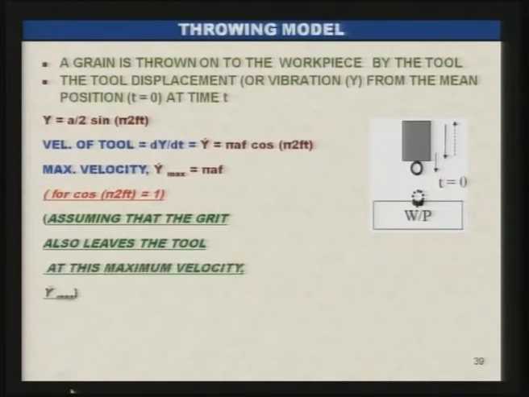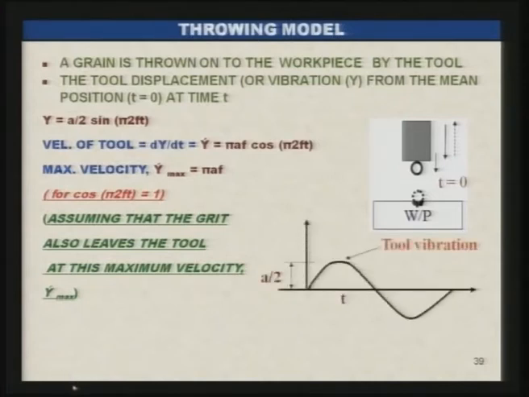Now, here there is a very important assumption while determining the maximum velocity of the grit particle or the tool, especially when we are assuming that the grit also leaves the tool at this particular maximum velocity at which the tool is vibrating.